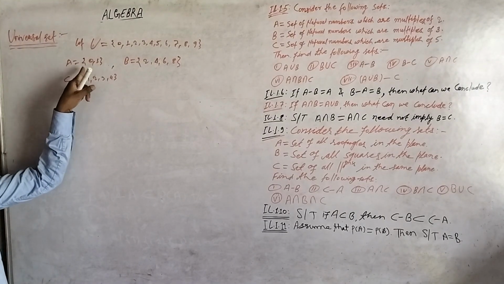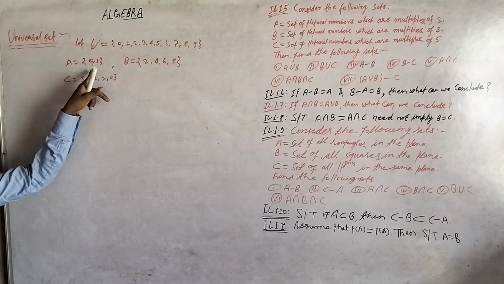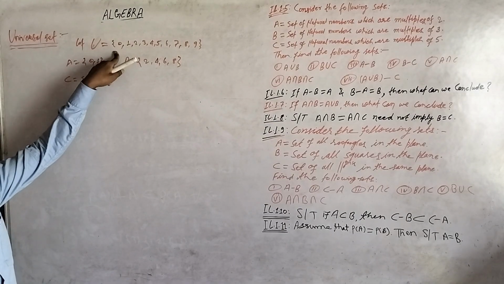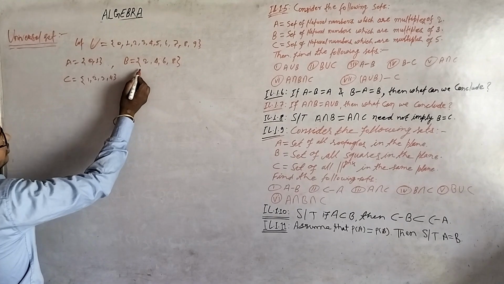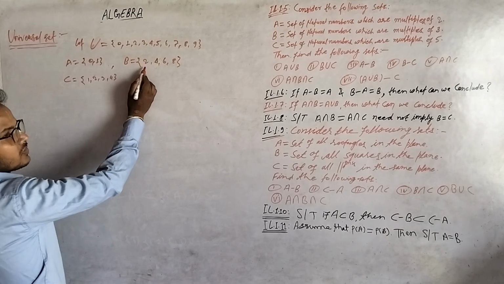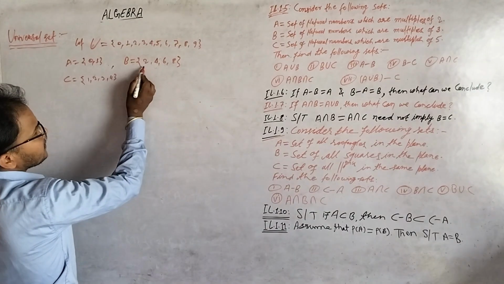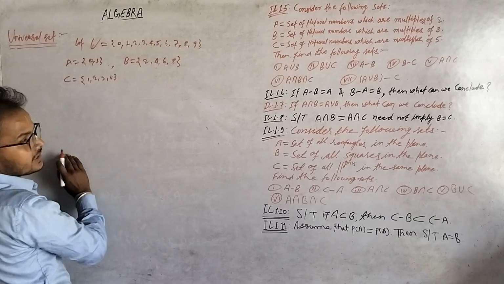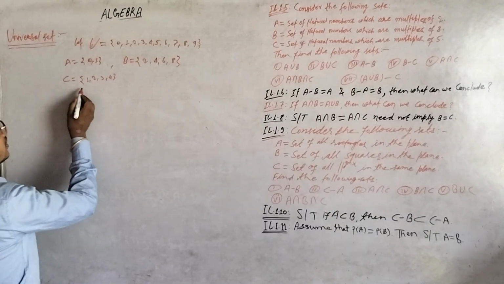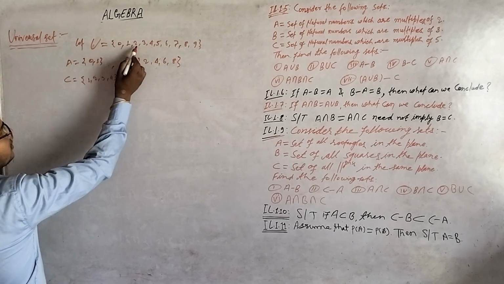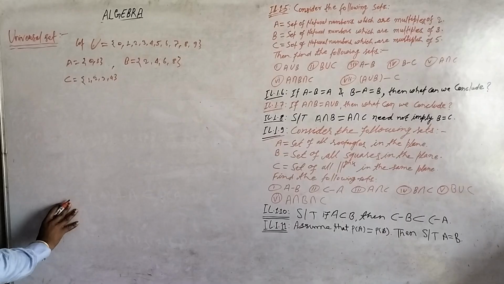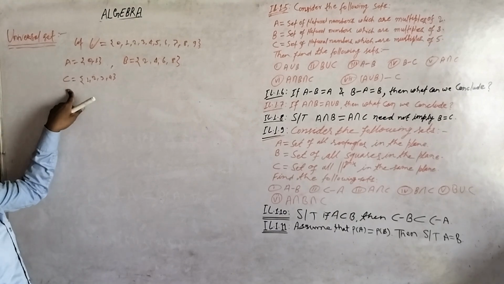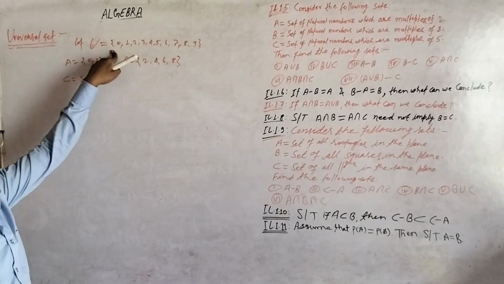Here we see all the elements of set A, 0 and 1, belong to set U, and similarly all elements of B, 2, 4, 6, 8, also are contained in U, and similarly 1, 2, 3, 4 are also in U. That means all these three sets, set A, set B, set C, are generated from the universal set U.